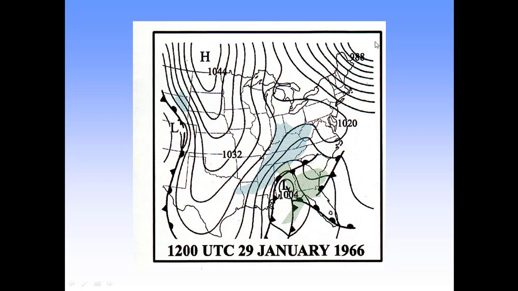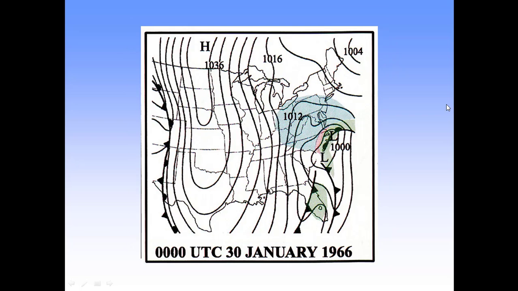This is really off the screen, but based off these isobars, you can tell that it's pretty windy in New England. And remember that the winds flow pretty much parallel to these isobars, so the wind's coming out of the northwest. So we're having a lot of cold air being brought down into New England, and we're going to watch for this storm system to track just along the east coast and impact southern New England.